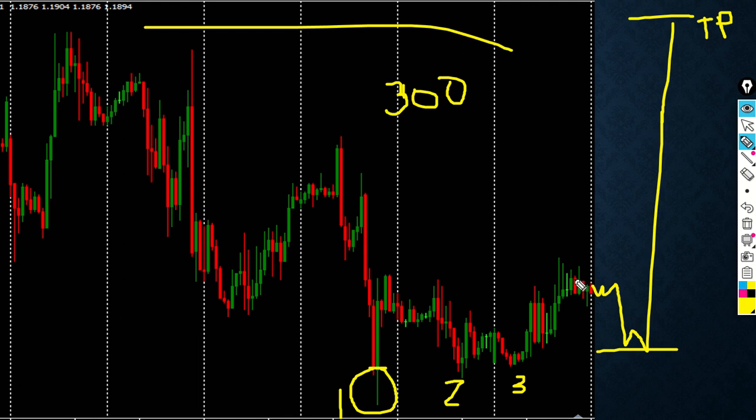If my stop loss is 30 pips, sometimes for swing, to be safe, your stop has to be a bit bigger. 30 is a 1 to 10 risk to reward. So I'm risking 1 to make 10 in here. It's a good deal over the course of 3 days.